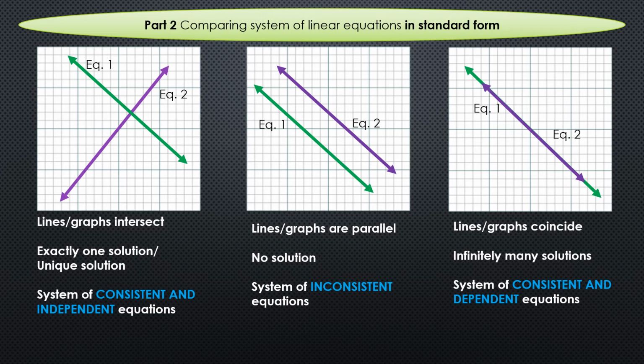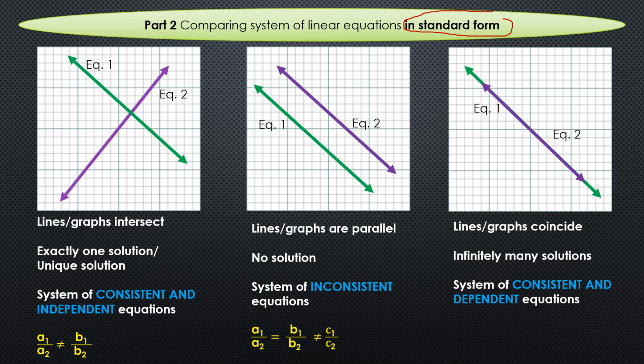Next, let us have comparing systems of linear equations in standard form. So we're going to use the standard form. The lines will be the same, the graphs will be the same. We're just going to use the standard form in comparing. So that will be for the first graph, a sub 1 over a sub 2 is not equal to b sub 1 over b sub 2.